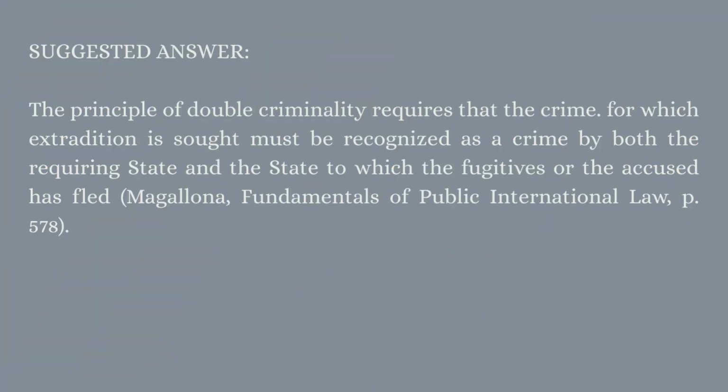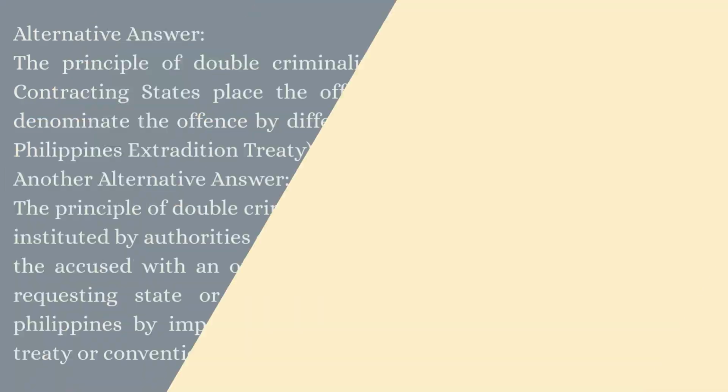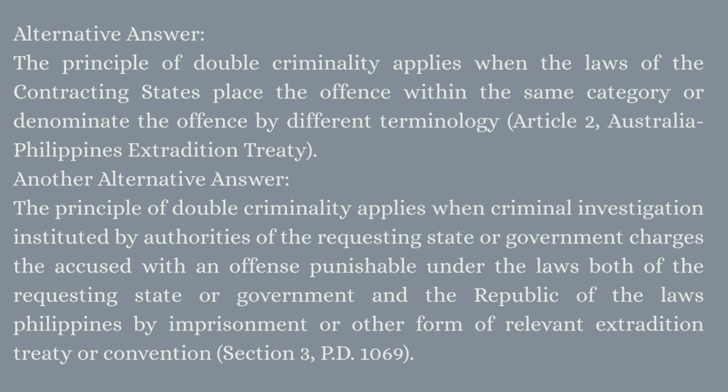The principle of double criminality requires that the crime for which the extradition is sought must be recognized as a crime by both the requesting state and the state to which the fugitive or the accused has fled. Alternative answer. The principle of double criminality applies when the laws of the contracting states place the offense within the same category or denominate the offense by different terminology.